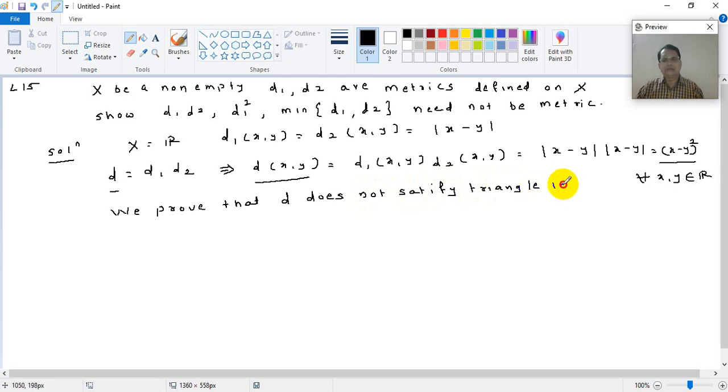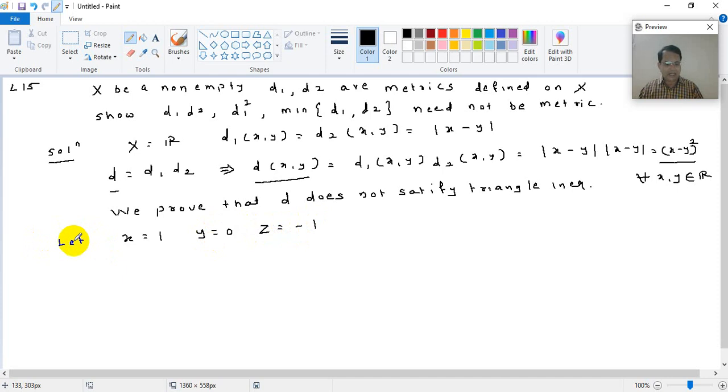How will you prove this? By giving some example. In short, you choose some real numbers. Say I choose x is equal to 1, y is equal to 0, and z is equal to minus 1. These are the values of x, y and z.